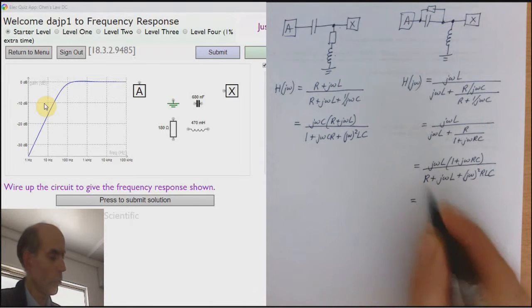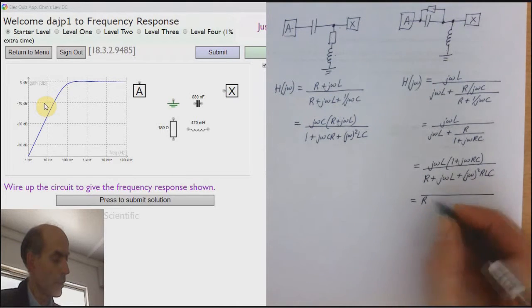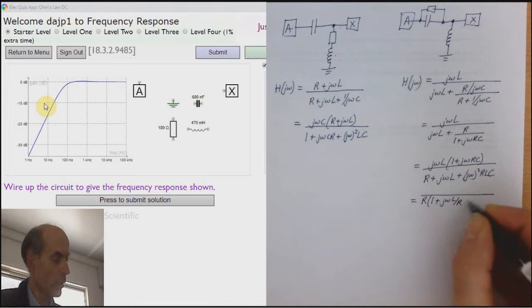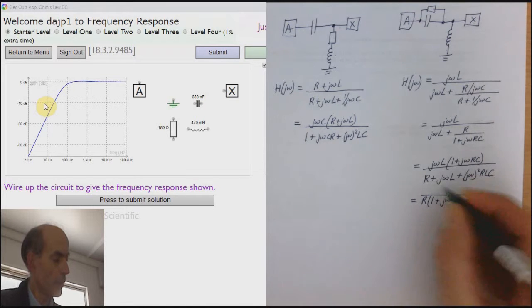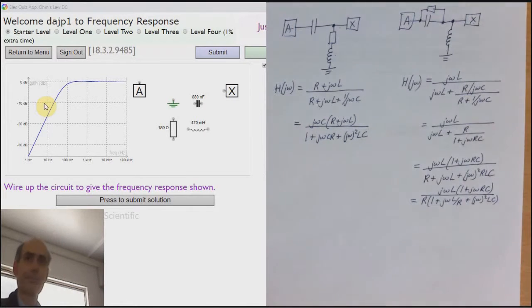If I take the common factor of R out of the bottom, that would give me 1 plus j omega L over R plus j omega squared LC, with the same j omega L times 1 plus j omega RC on top.